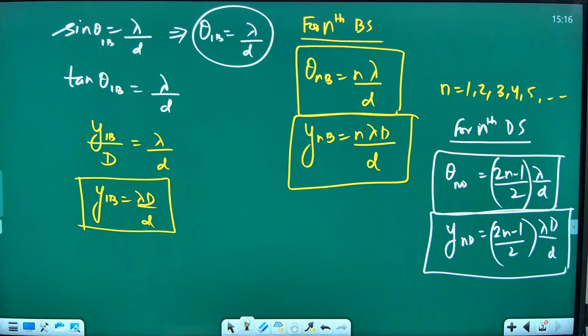The question is, I am directly giving data to you. Small d is 1 millimeter, capital D is 0.5 meter, lambda is 5000 Angstrom.